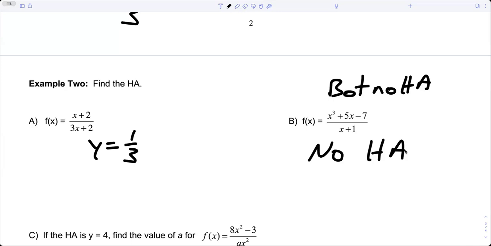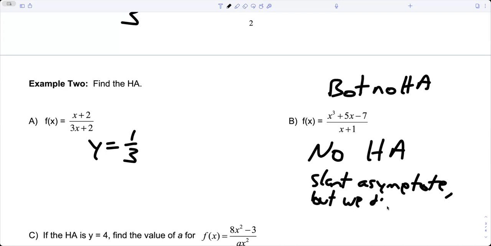There's another type of asymptote, a slant asymptote, which you'll see in pre-cal, but we do not have to find it.